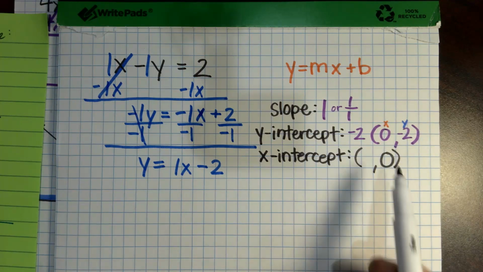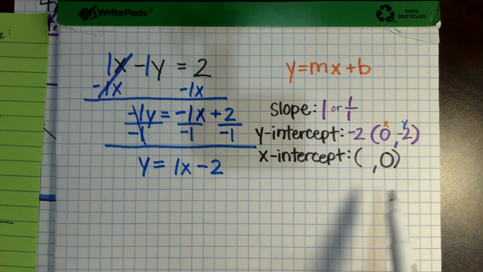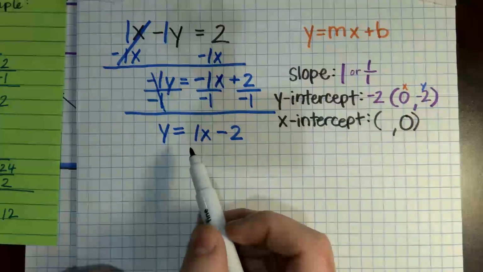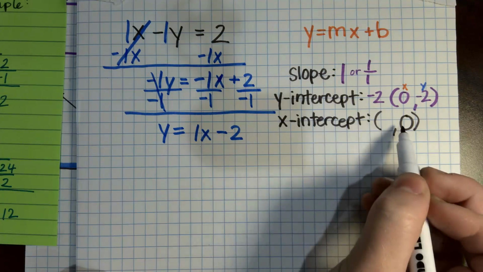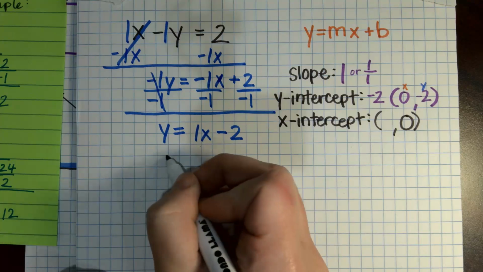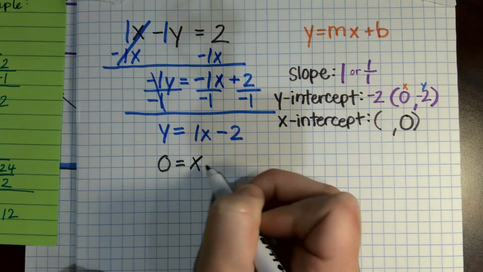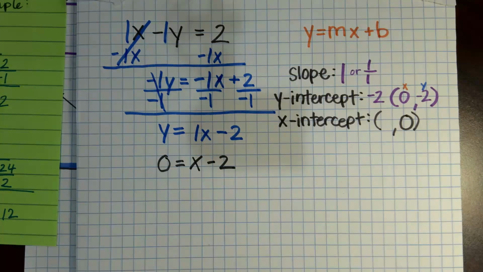Okay. Now we can take this coordinate and plug it into our equation here. I've got y is 0, so I'm going to put 0 equals, and then I'm just going to drop everything down, x minus 2. And we're going to solve for x. What do I do here?